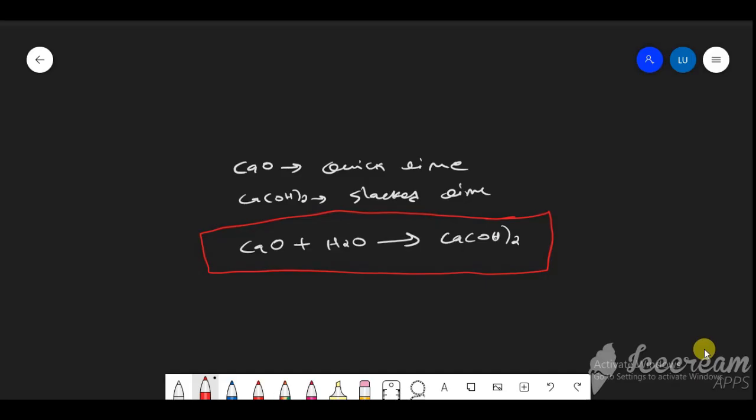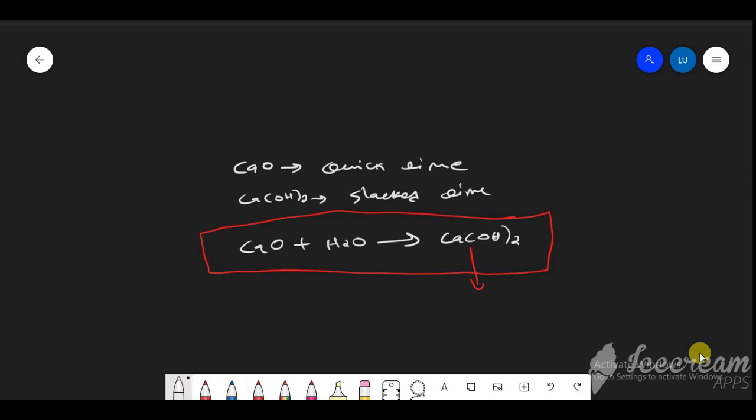So this is the importance of this reaction. Also, the slaked lime produced here can be used for whitewashing the surface. This is a very important question. What is the chemistry behind this?